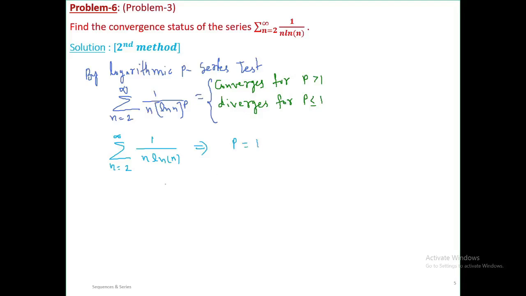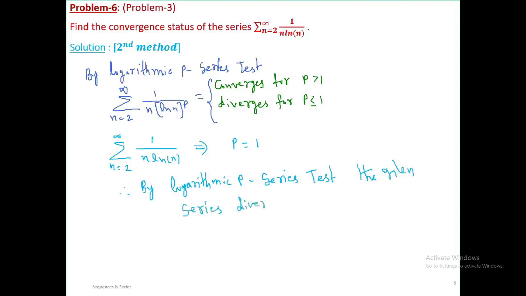Therefore, by the logarithmic p series test, the given series diverges. That's it. So directly you can conclude like this. Or if you want to apply the integral test, you can apply it, no problem.